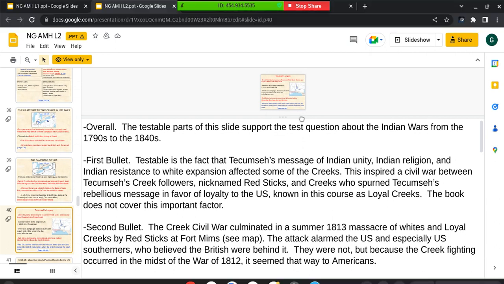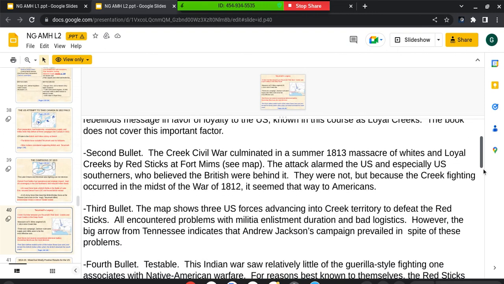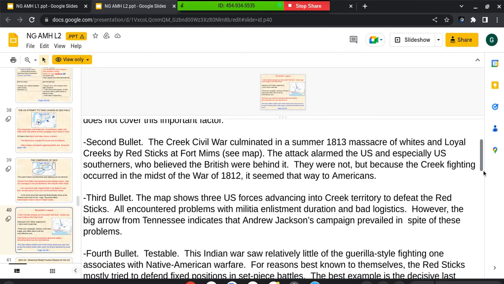That was the fort attack I talked about. The attack alarmed the U.S., and especially United States Southerners, who believed the British were behind it. So after these bad Indians, the Red Sticks, attacked this American fort, the Americans believed the British were behind it because this was during the War of 1812 when America was fighting Britain for land.